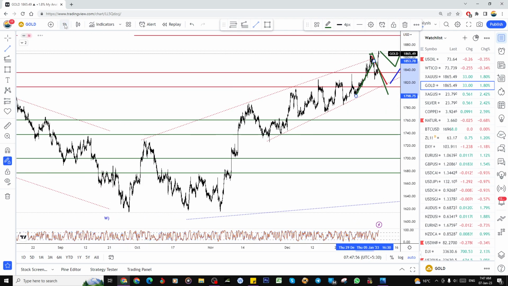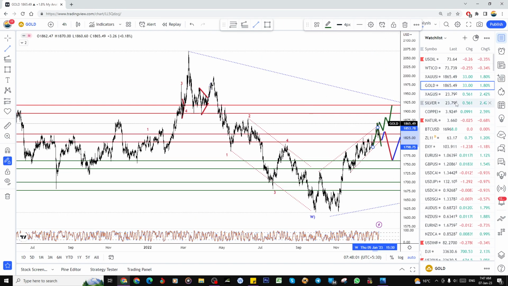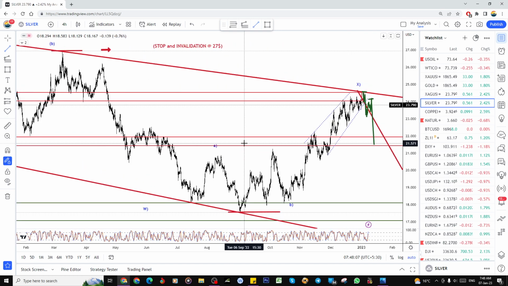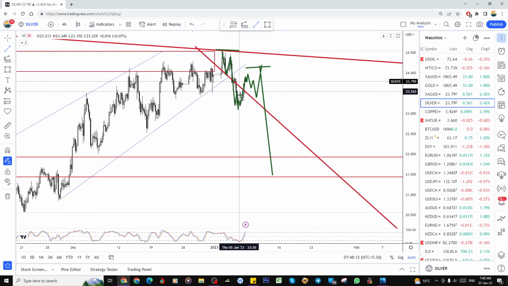So the conclusion in gold, I'm not so sure about this, but in silver it is doing what we liked, and it is in the downward trend line. It has already retested exactly, and immediately it came down.